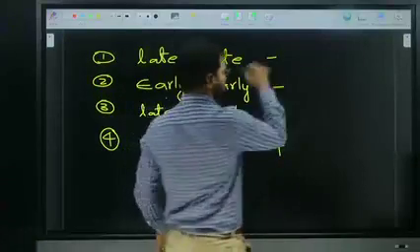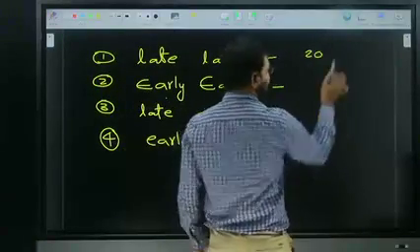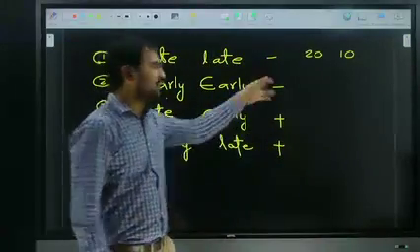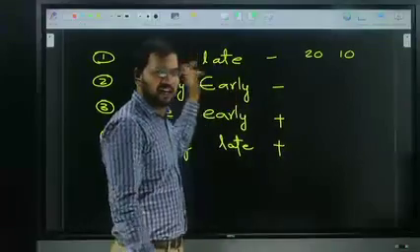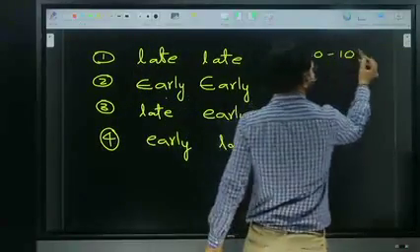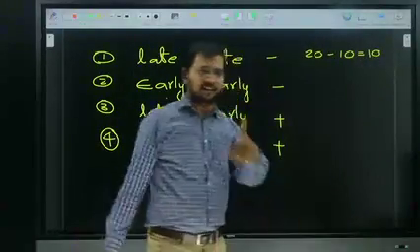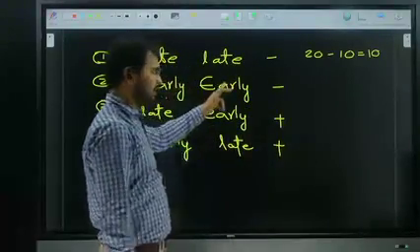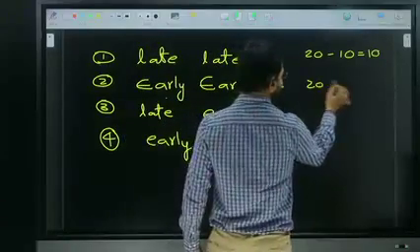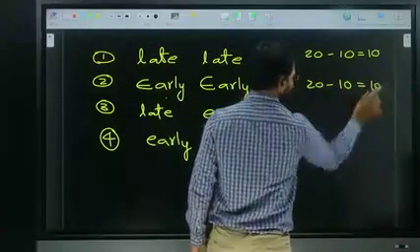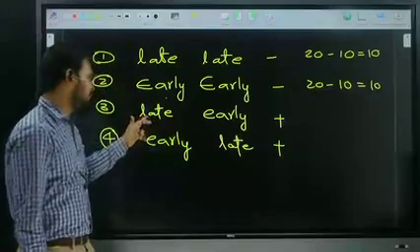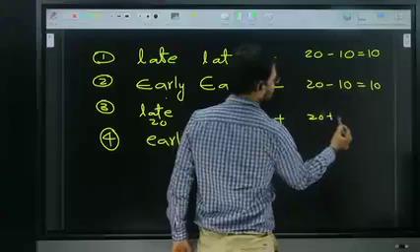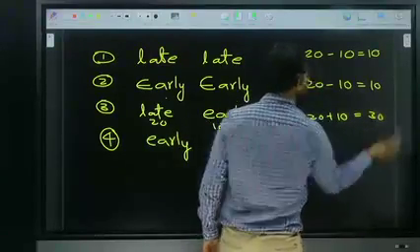Here in this question, 20 minutes late and 10 minutes late. I said don't go for minus 20. Just take the numbers 20 and 10, and since it is late to late, take the difference, which is 10. Say for example, in the next case, if they give 20 minutes early and 10 minutes early, just take the difference. If they give 20 minutes late and 10 minutes early, take 20 plus 10, that is 30.